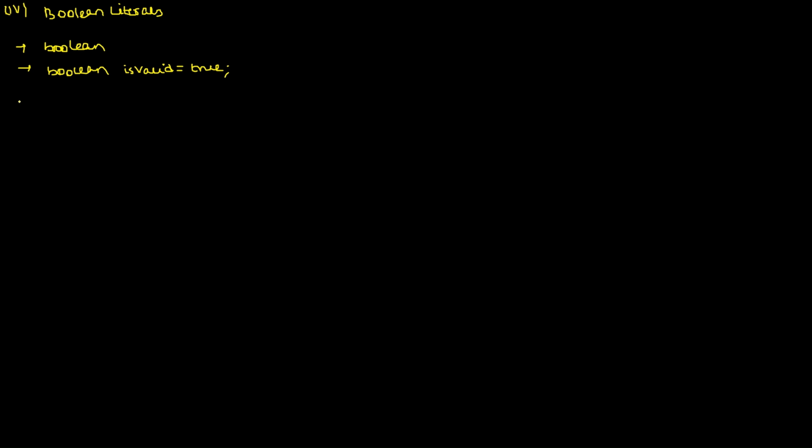There is something that you must keep in mind. Java does not have a format where you would use 0 or 1 at a program level, like at a source code level, to represent false and true.